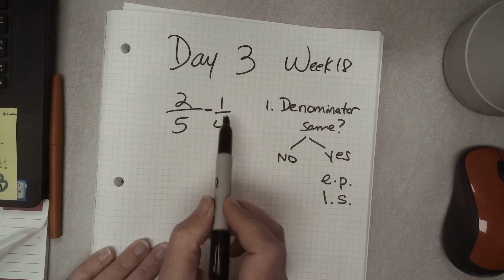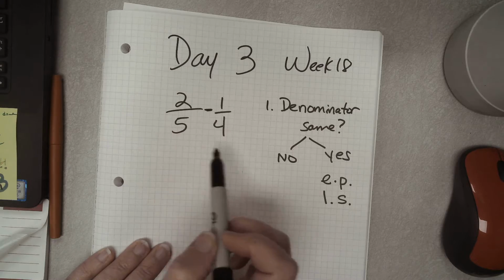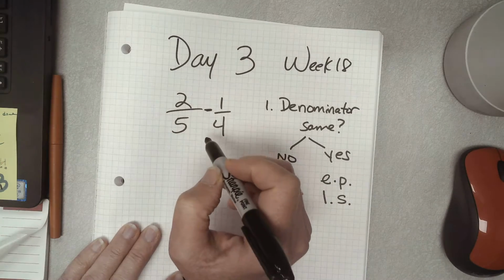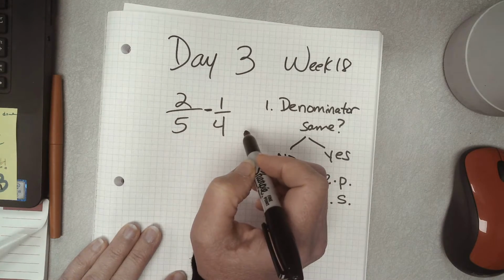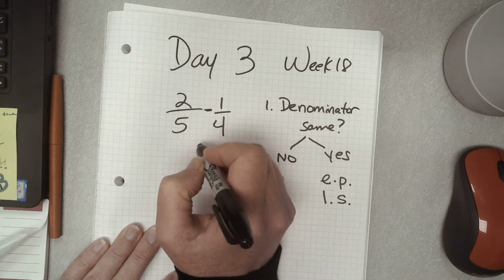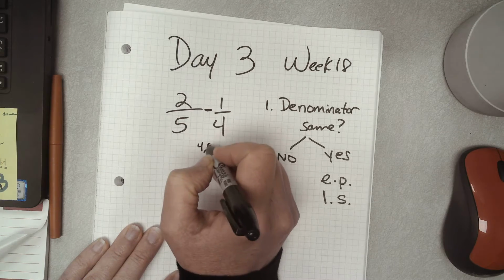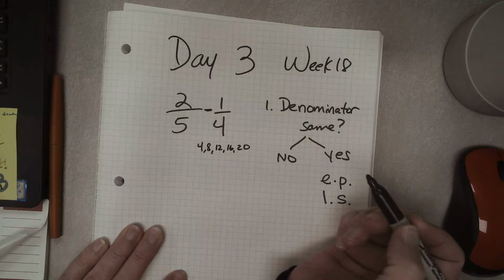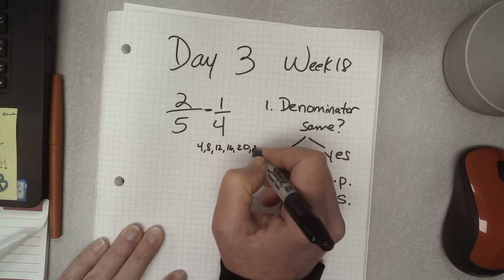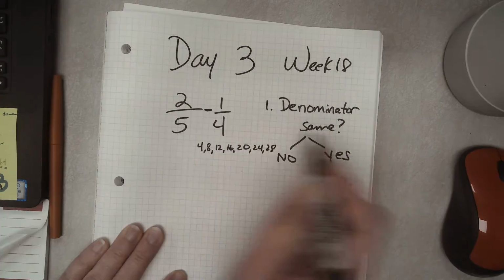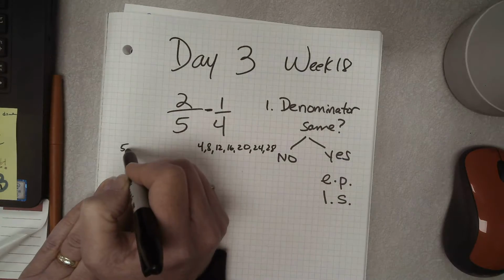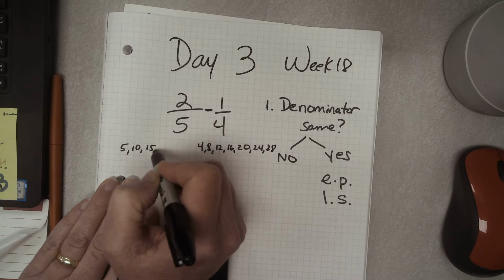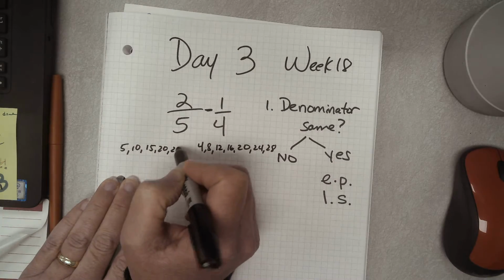Okay, so one way to figure this out, if I don't want to do that, is I'm going to list the multiples. So I have 4, 8, 12, 16, 20, 24, 28. Okay, the multiples of 5: 5, 10, 15, 20, 25.